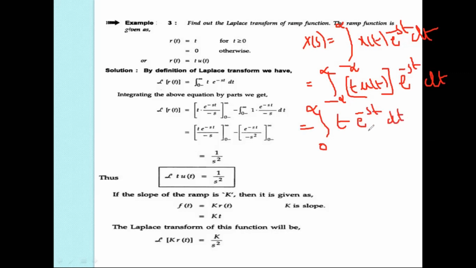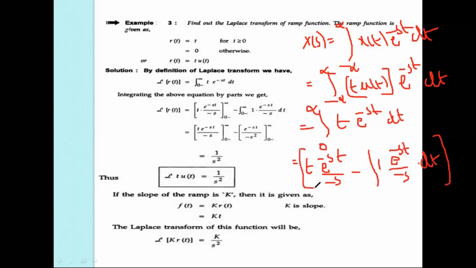Now, by using integration by parts, for t apply the integral of the other function: e power minus s t by minus s, minus, again the integral, taking the derivative of t, which is 1, and the integral of e power minus s t by minus s into dt, with limits from 0 to infinity.